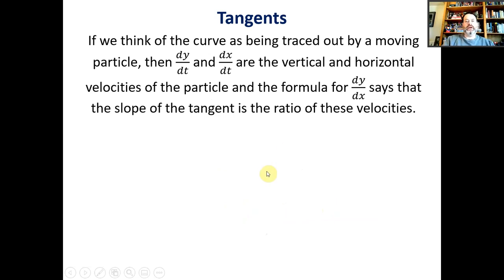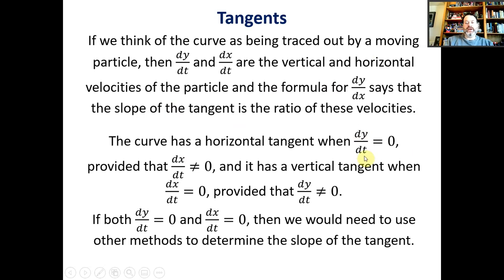The idea here is that if we imagine a particle moving around in the xy plane, then dy/dt and dx/dt are just the vertical and horizontal velocities. And dy/dx is just the ratio of the quantities, right? So the slope is how fast the particle is moving in one direction versus the other.